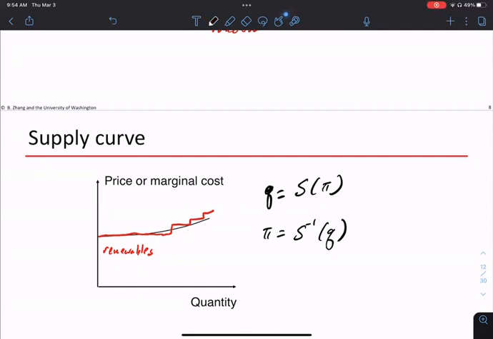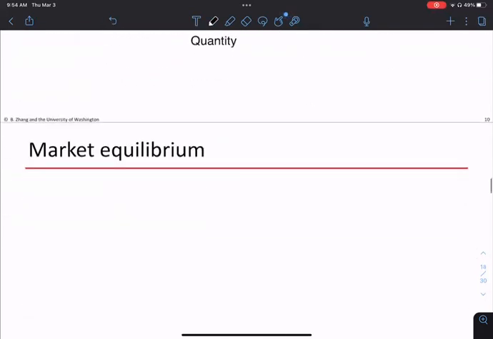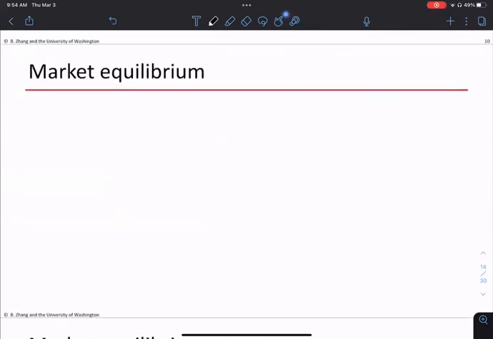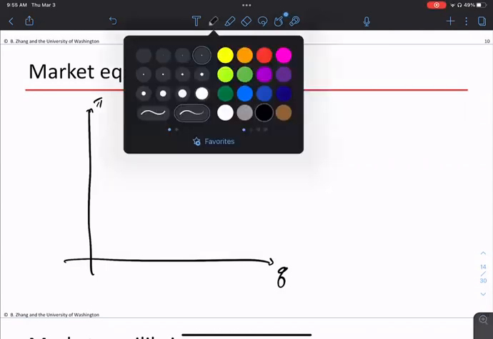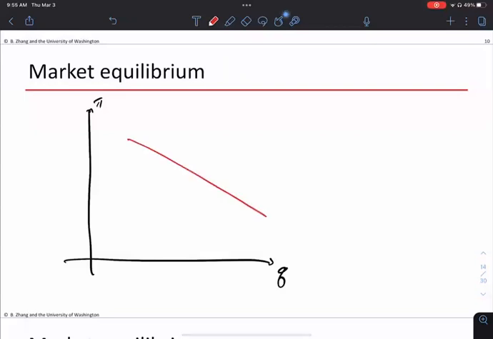All right, so taking these two curves, how do you get a price out of the supply curve and the demand curve? Well, you get the price by looking at market equilibrium. The idea is you plot Q and pi on the same axis. You plot both the supply curve and the demand curve on the same axis. The demand curve will be monotonically decreasing.